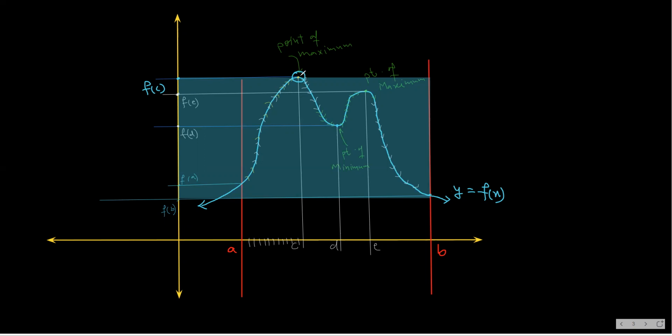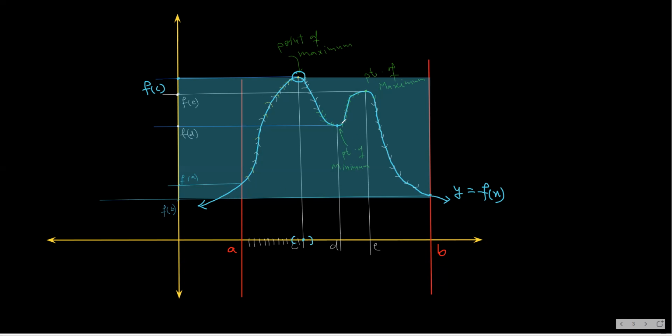Try to understand, this was a point of local maximum at C. Definitely in the close neighborhood of point x equals C, it is maximum, but that happens to be the absolute maximum also. See, this is the highest value that the function attains in the interval a to b.